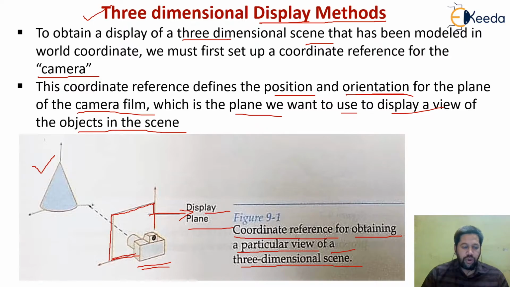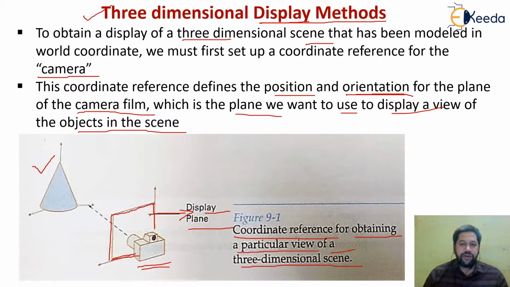Depending upon which position and which orientation I'm capturing the picture from, a similar three-dimensional picture will be displayed on my screen. I have shown this diagram for basic concept understanding, so that it is easy for you to see from which view you are capturing the three-dimensional picture.